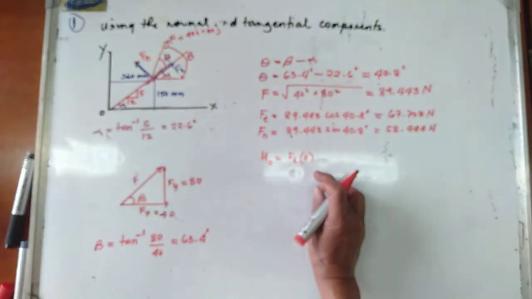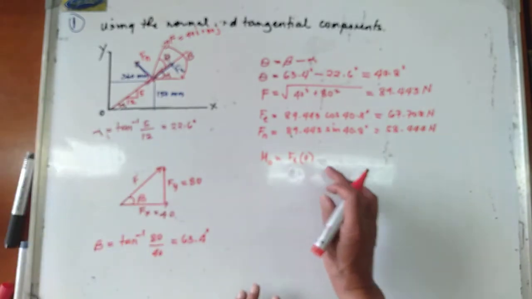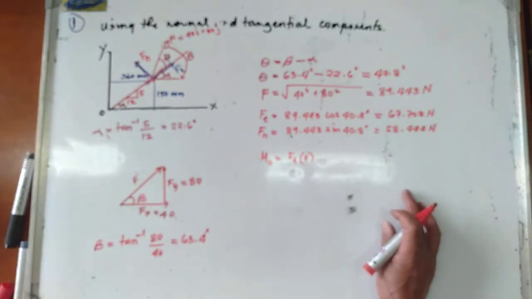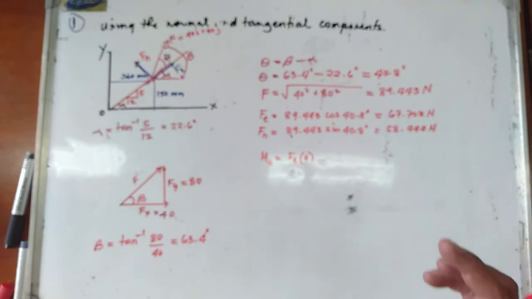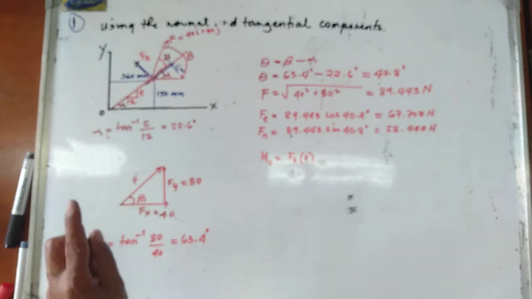The moment arm, or the lever arm, is 0. Take note in here that if you are getting the moment of a force and that force passes through the moment center, its moment is equal to 0.